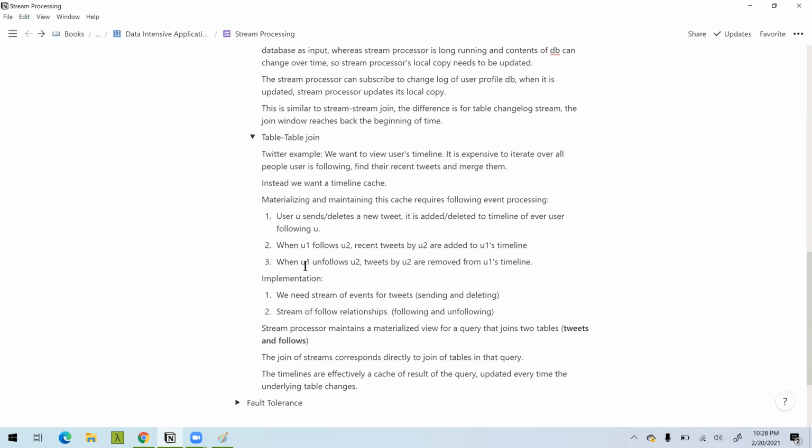So let's say you have a user's timeline, and in Twitter you want to show a user's timeline, right? To display a user's timeline, you would have to go through whoever the user is following. You have to pull up their top recent tweets and then do a join on them, and then you will get the user's timeline, right?